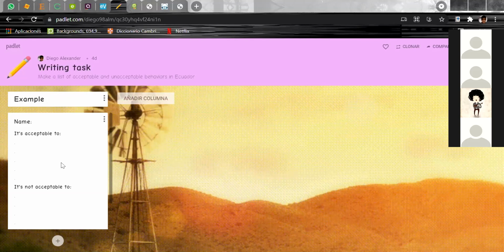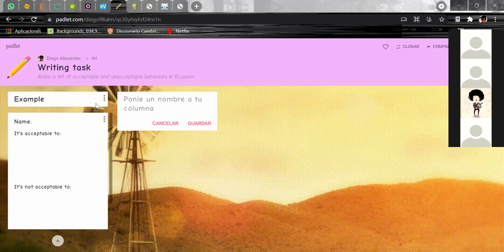Here you have this example. You have to put your name and then it's acceptable too. You have to list at least 3 things, and then it's not acceptable too. The same, at least 3 things. Then here you can add another column, then put your name and do the example.